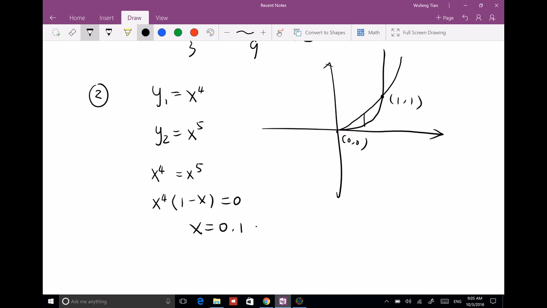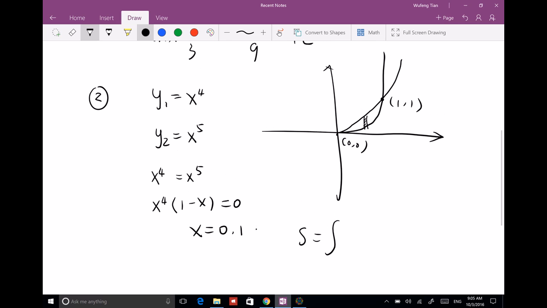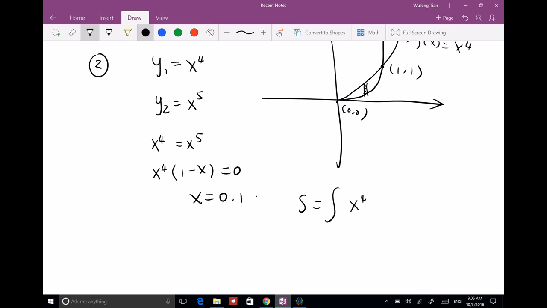This is one of the problems in your quiz, test review. So what do we need to do? You find the area bounded by these two. So the area S equals the integral where the top is x to the power 4 and the bottom is x to the power 5. Your answer should be the integral of x to the power 4 minus x to the power 5 dx from 0 to 1.